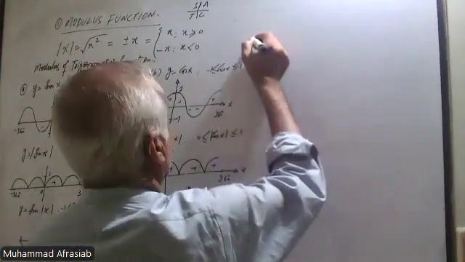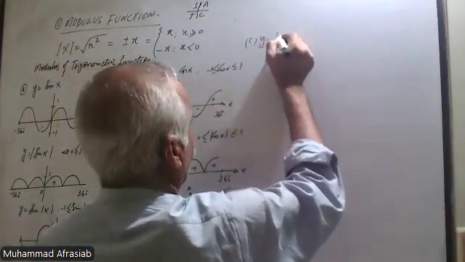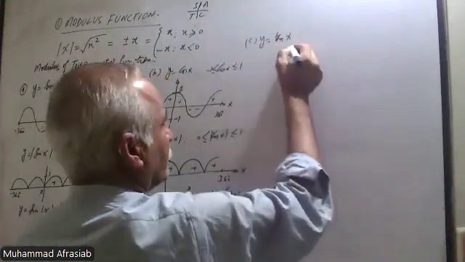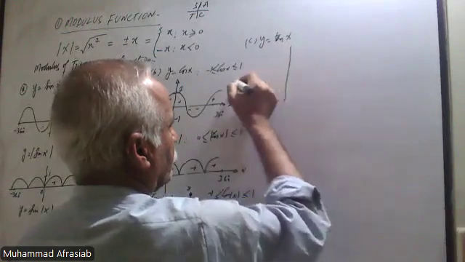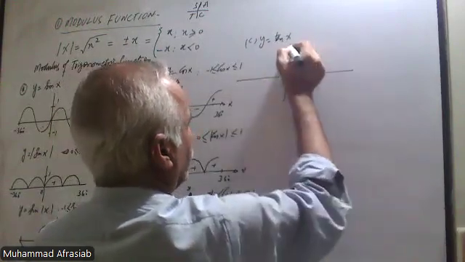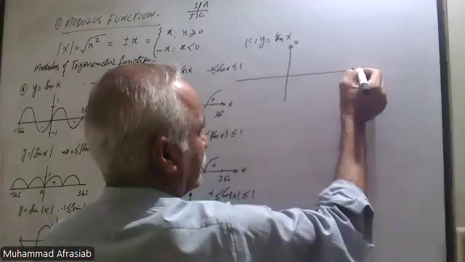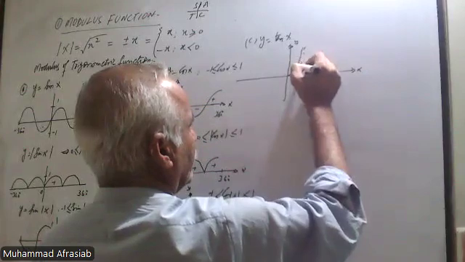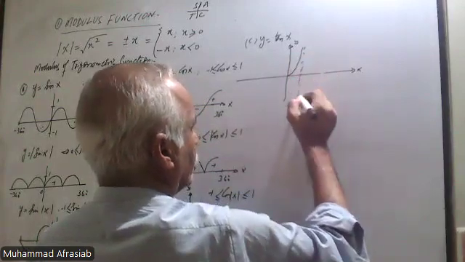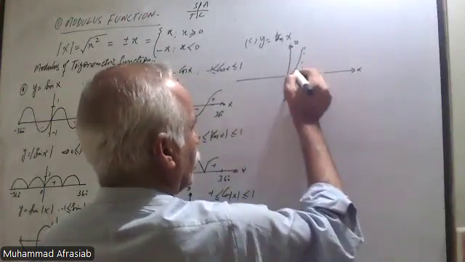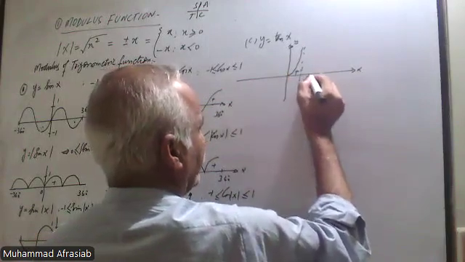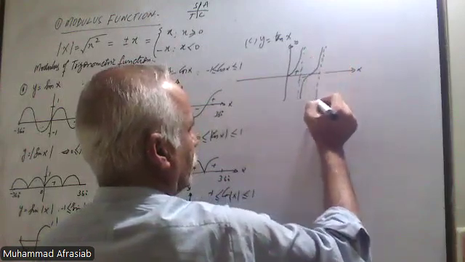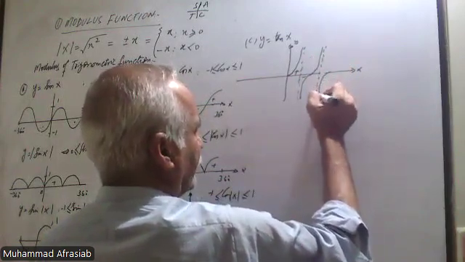And for the third function, y equals tangent of x, using the same properties. This is the y-axis, this is the x-axis. We know that at 90 it will become infinity, positive, then it is negative, then again positive, and then negative.